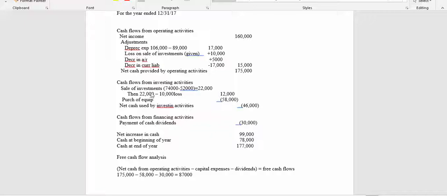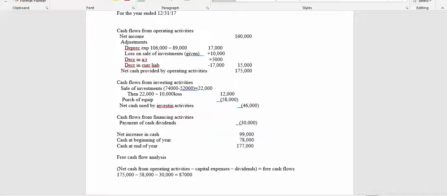Notice how the statement of cash flows works. The gain or loss is included here. That's a non-cash situation that we took off the books. The amount of money that we put in our pocket goes here.